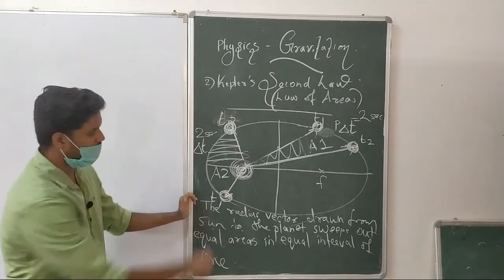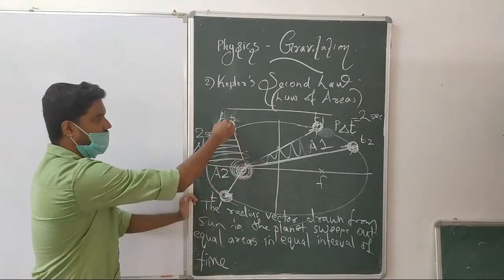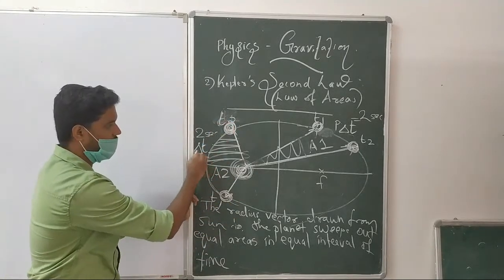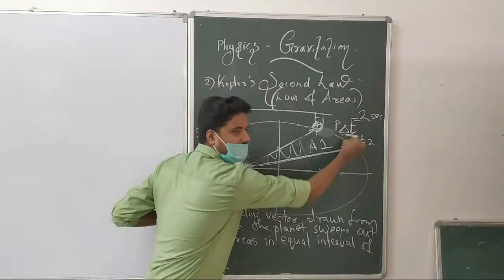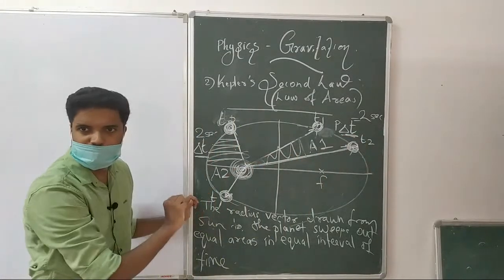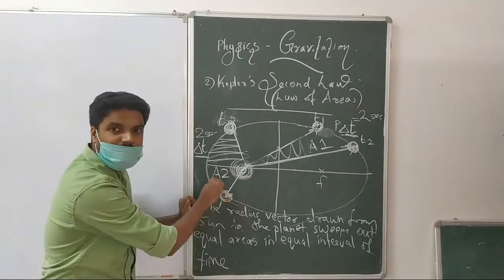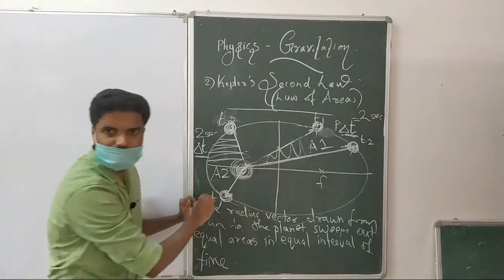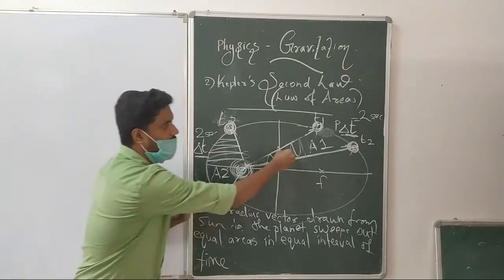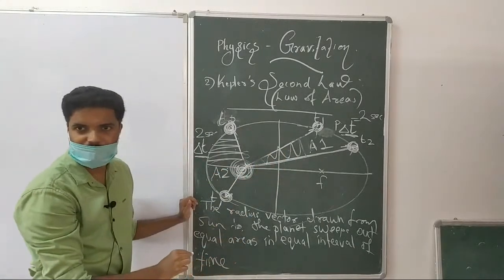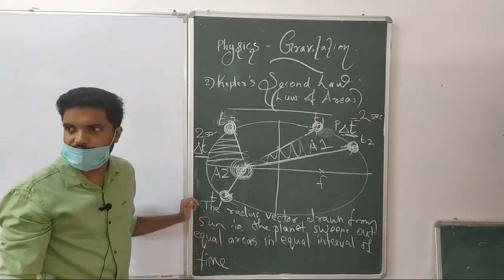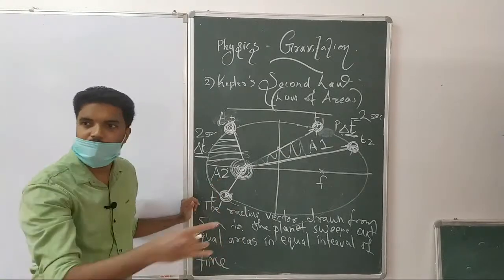So this is the time from T1 to T2, and this is the same time interval as this one. How much? 2 seconds, 2 seconds. My law is that the area will be the same on both sides. This area and this area will be the same. For the same time interval, the area covered will be the same.